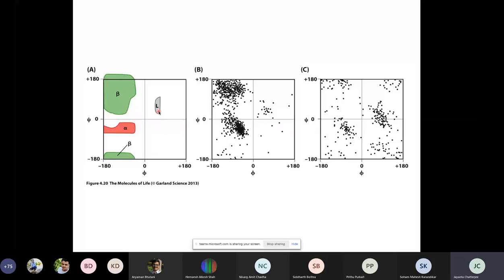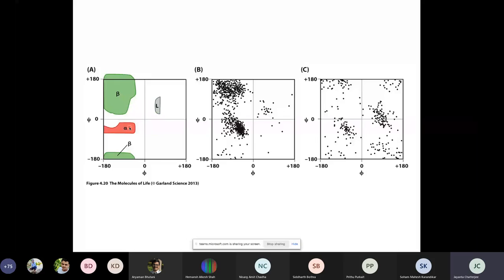It turns out that the conformations adopted by the dipeptide in these regions can be named as certain specific conformations. Amino acid residues which adopt conformations predominantly in this region are called alpha helix.